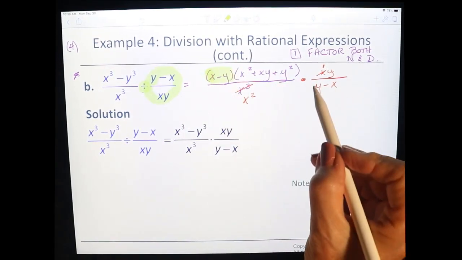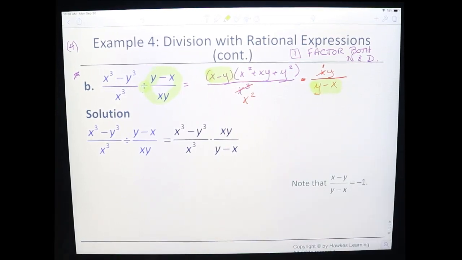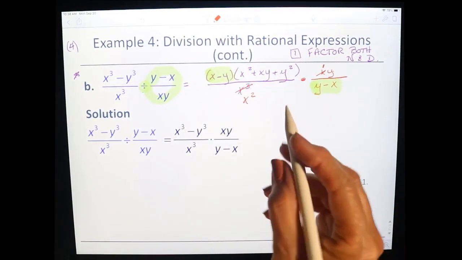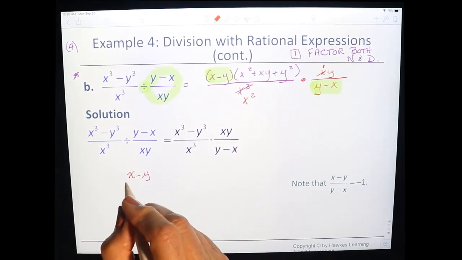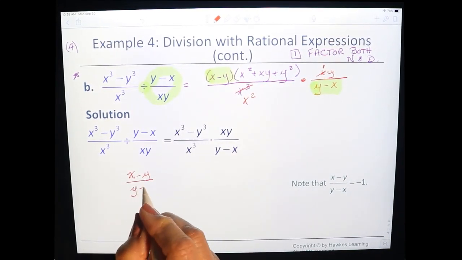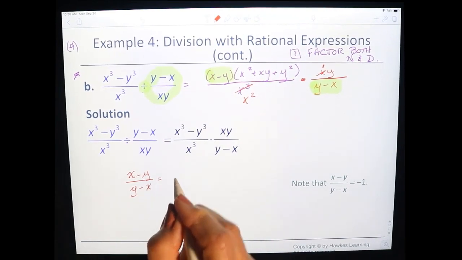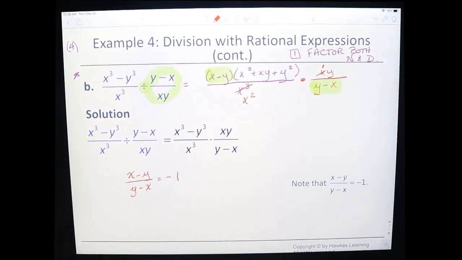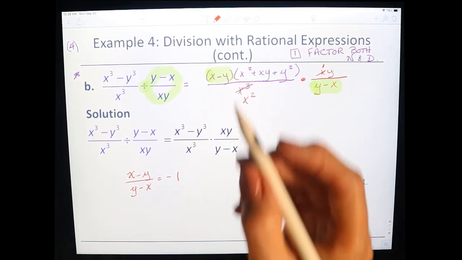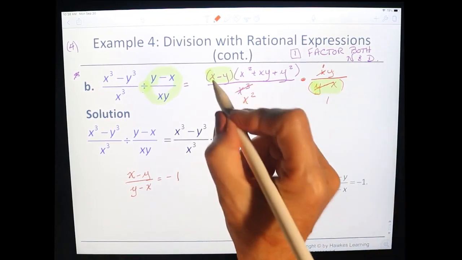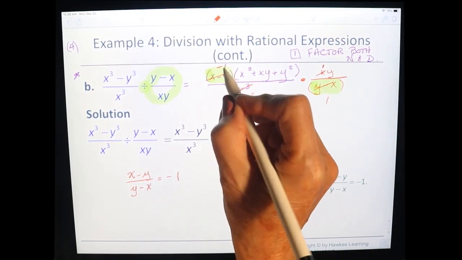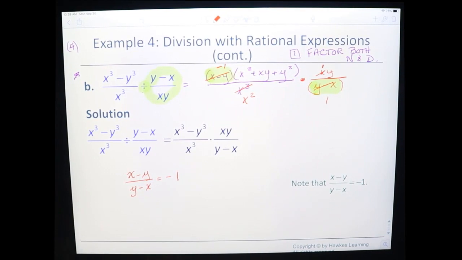There's a little special something going on in here. Let me pull that over here to the side. If you have an x minus y sitting over a y minus x, we talked in one of the earlier videos, you may not have seen that, that is in fact equal to -1. So I'm going to go ahead and cancel these two out, and I'll record the -1 up here. So those two things come out to be -1.